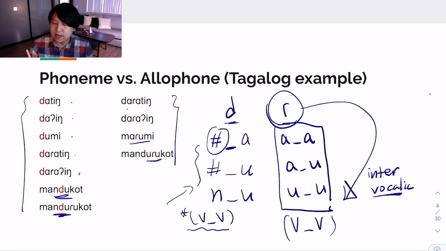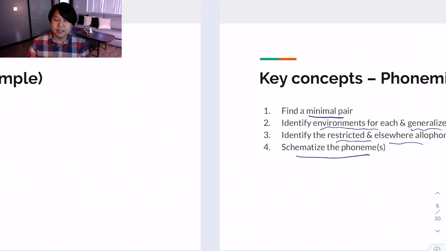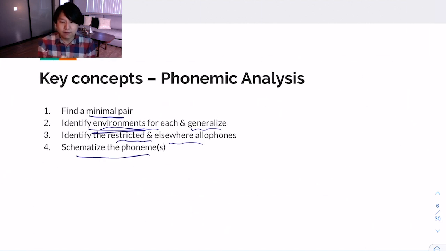Vocalic means vowels, intervocalic means between two vowels, and D sounds exist in all the other environments. So that's the generalization of the environment.